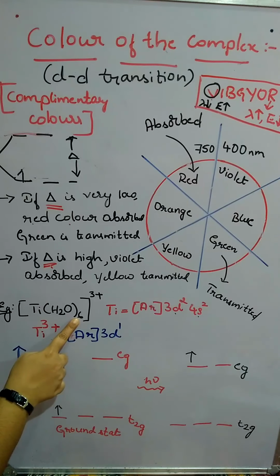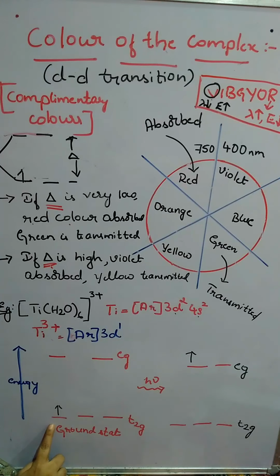Since it is an octahedral complex, the t2g set is in the ground level and the eg set is in the higher energy level. So in this case, in 3d1, only one electron is present in the ground state. If a light radiation is made to fall on the complex, the electron is going to absorb it and shift to the higher energy level.